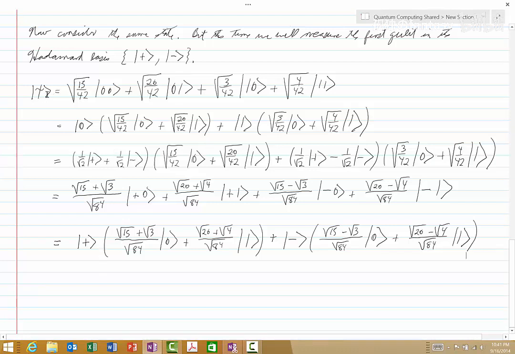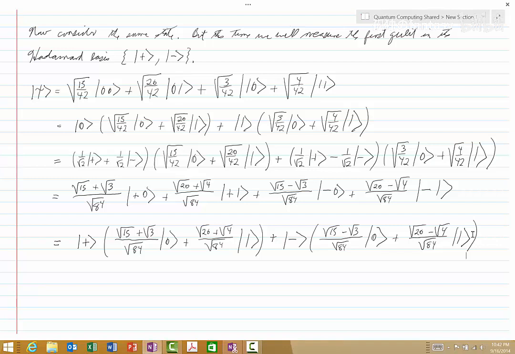When we measured the first qubit of this state with the standard basis, you will remember that we concluded that basically the term in parentheses here, which represented the second qubit, was the same in both cases, which meant that regardless of what our measurement for the first qubit yielded, that would not affect our measurement of the second qubit of the pair.